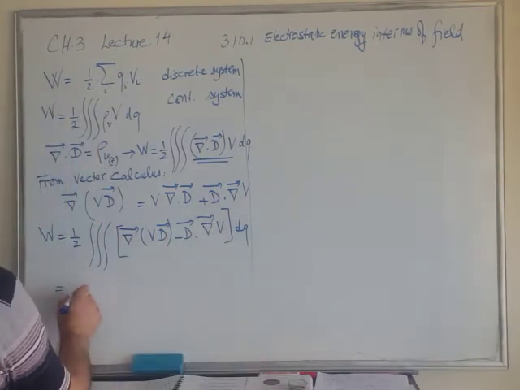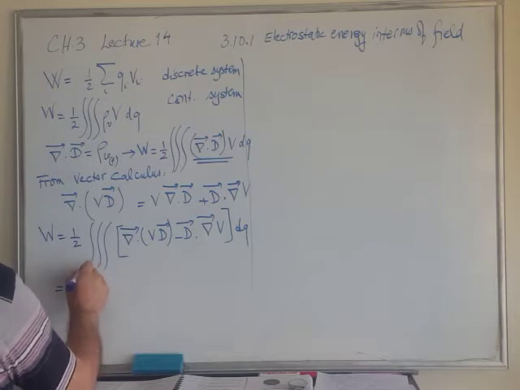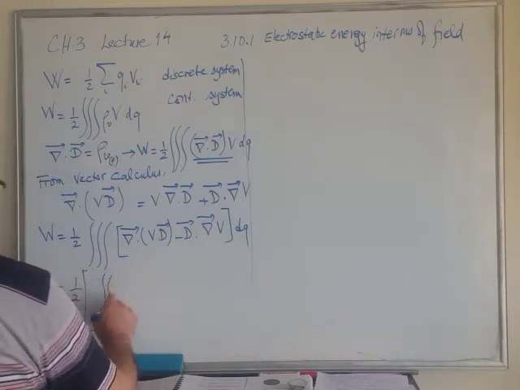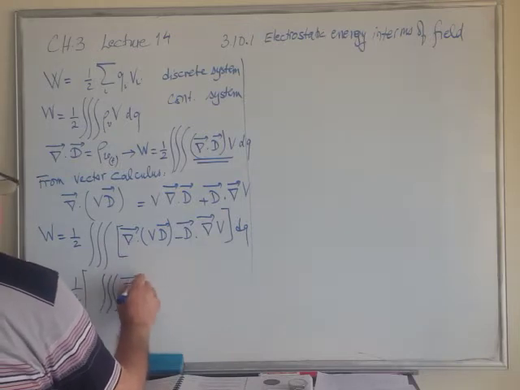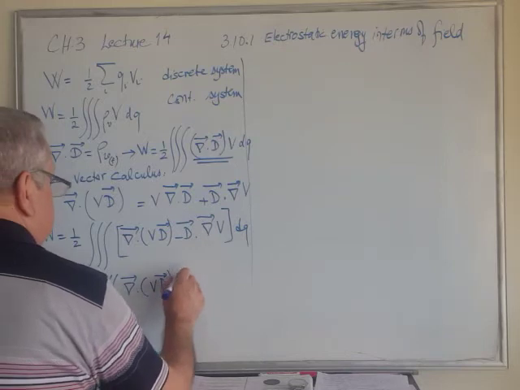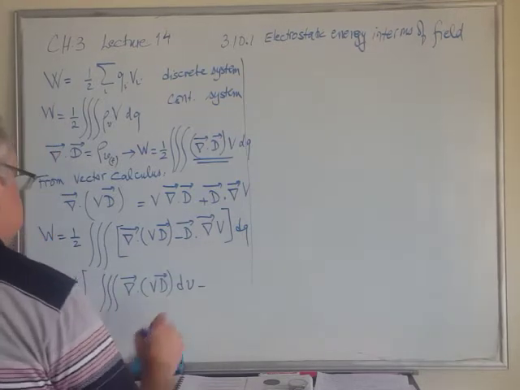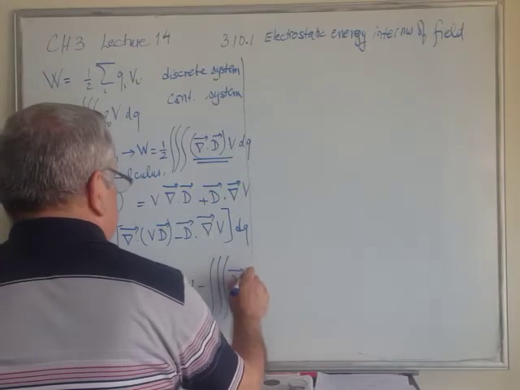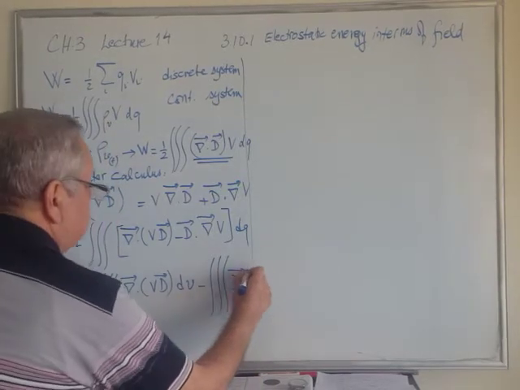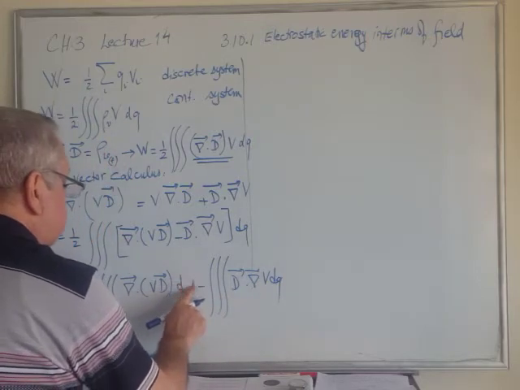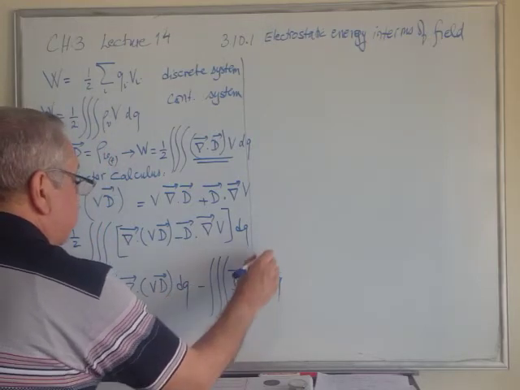So this is actually half into two integrals. The first one is the triple integral of divergence of VD dv, minus the triple integral of D dot grad V dv.